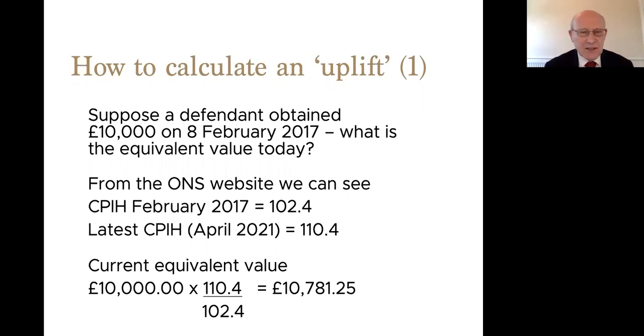And that gives us a figure, which we can see on the slide, of £10,781 and some pence. And it's that easy. It's just a very simple sum. Now, obviously, if you've got a lot of these to do, then it's helpful to use something like Excel to calculate them all pretty rapidly. Let's just take another example to ram this home.